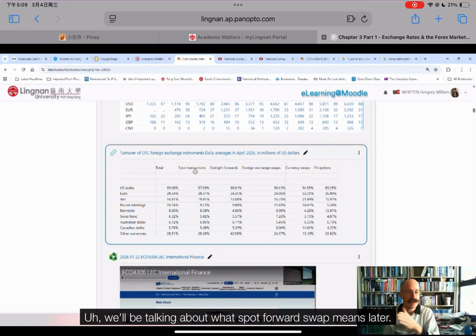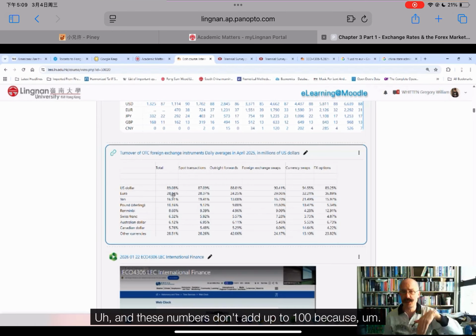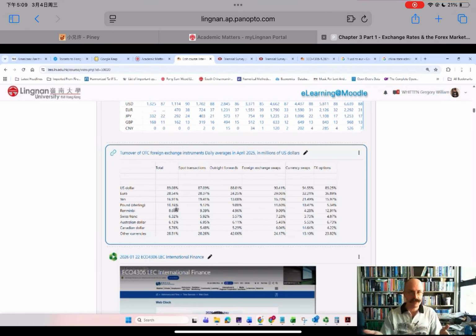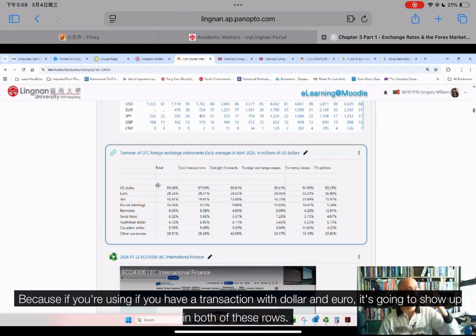We'll be talking about what spot, forward, swap means later. And these numbers don't add up to 100 because it's a question of double counting, because if you have a transaction with dollar and euro, it's going to show up in both of these rows.